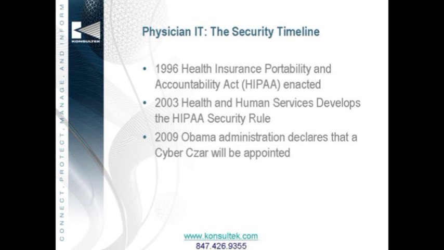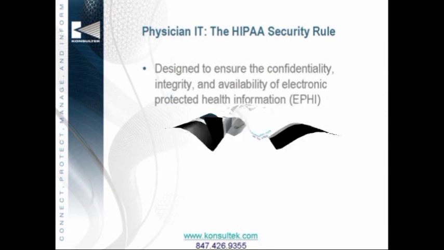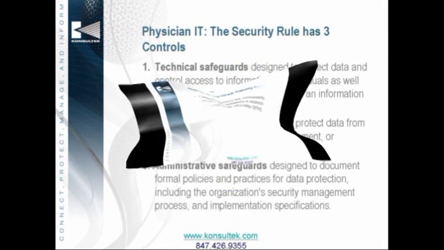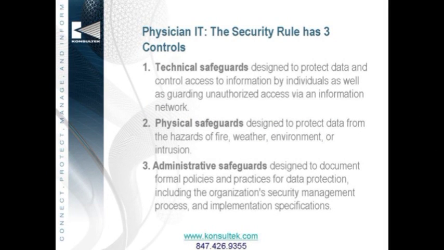Quick review of the HIPAA security rule. What is its intent? Really to make sure that you as a healthcare provider maintain the confidentiality, integrity, and availability of electronic protected health information. There's three different areas mandated. One is the technical safeguards. That's really the IT end of the world.